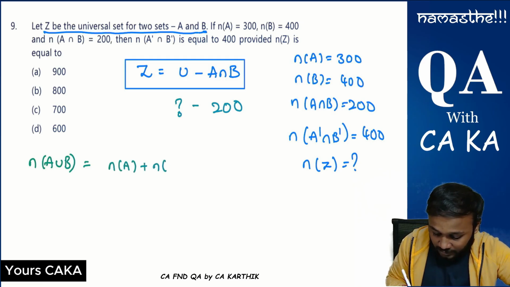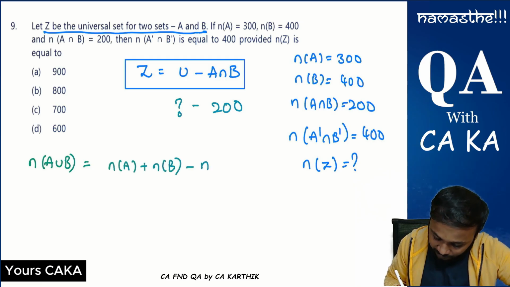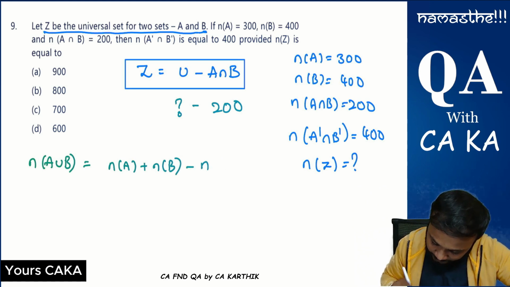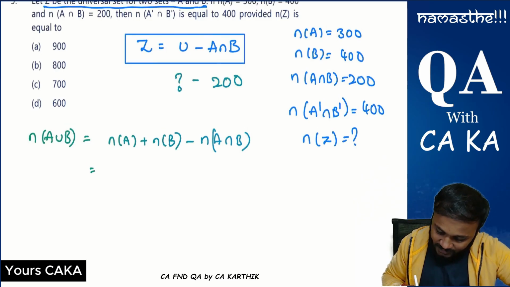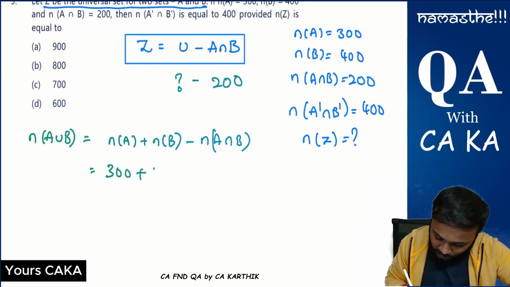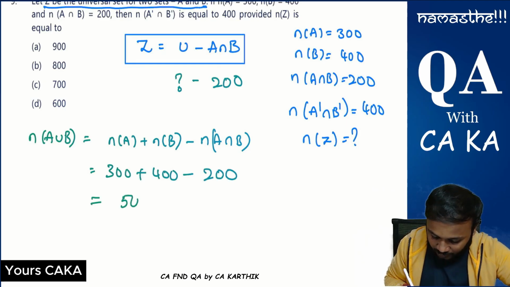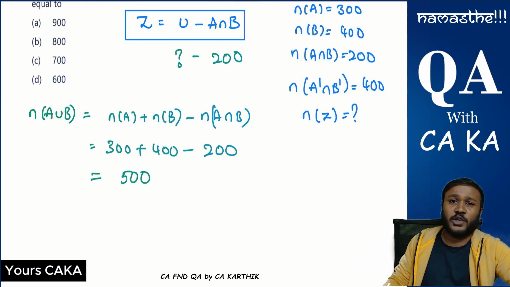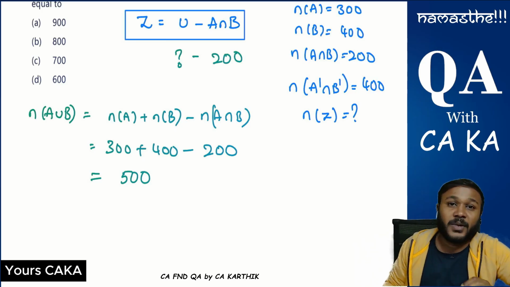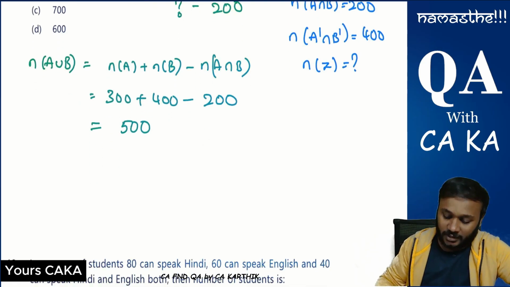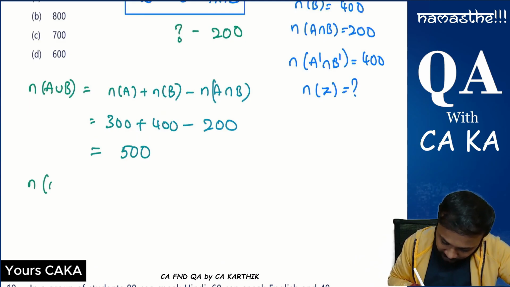N of A plus N of B minus N of A intersection B. I hope you all remember this formula. Now just substitute: N of A is 300, plus N of B is 400, minus N of A intersection B is 200, which is nothing but 500. Why did you calculate N of A union B? There is no requirement. But to calculate U, we need this. Why, you'll understand now. What is the formula of N of A complement intersection B complement?